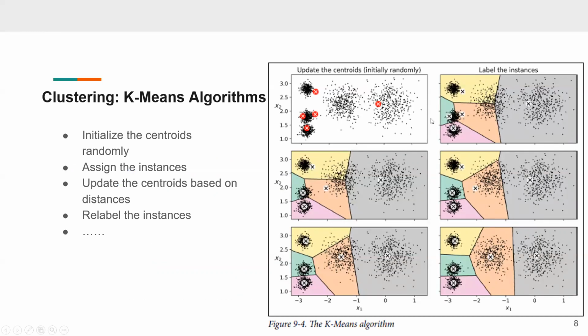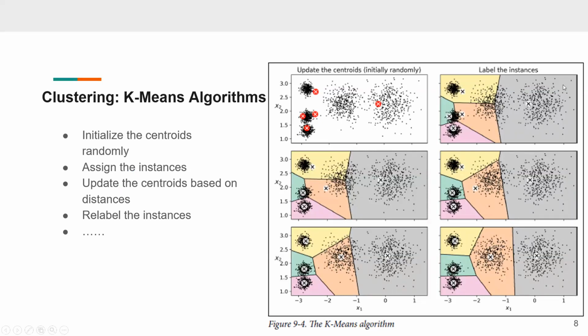For example, this point is nearest to this one, and this point is nearest to this one, and this point is nearest to this centroid. And some of these would belong to this, and the other ones might belong to this centroid. So that comes to the second step, assign the instances, or we call it labeling the instances.